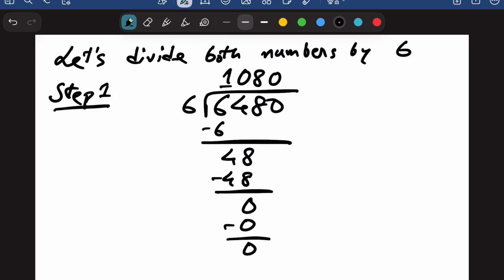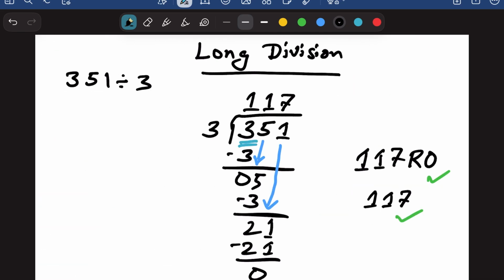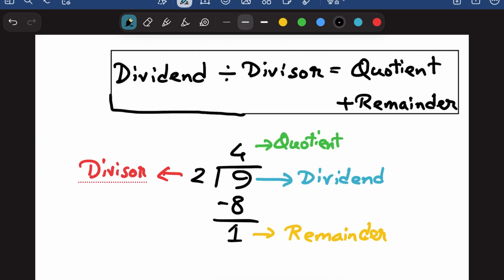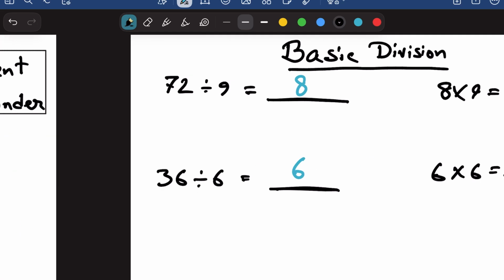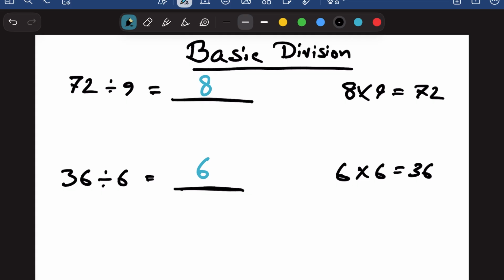Okay? So to recap, when you do division, remember this formula: dividend divided by divisor equals quotient. In terms of a perfect division, you have 0 remainder. But when you have a remainder, then dividend divided by divisor equals quotient plus remainder. For basic divisions, you need to know your times table.